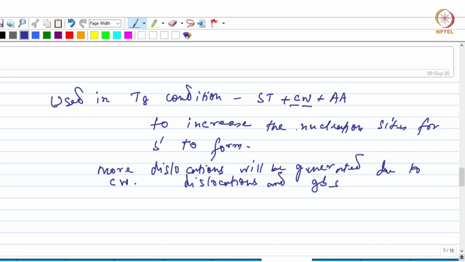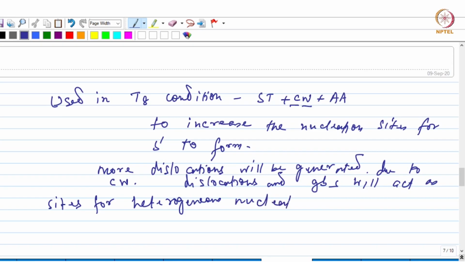Along with that, the grain boundaries will also act as the heterogeneous sites for nucleation. Right, so this is why the cold working is given, so that more number of S prime precipitates can form.